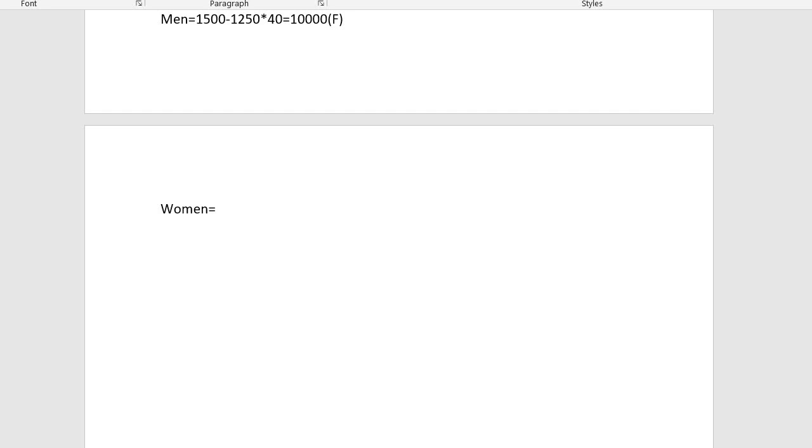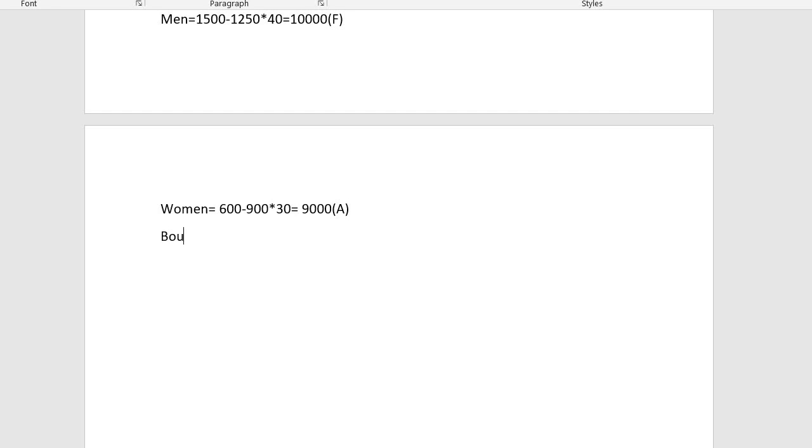Next for women, the revised standard hour is 600 minus actual hour 900, into standard rate 30, which is 9,000 adverse variance.